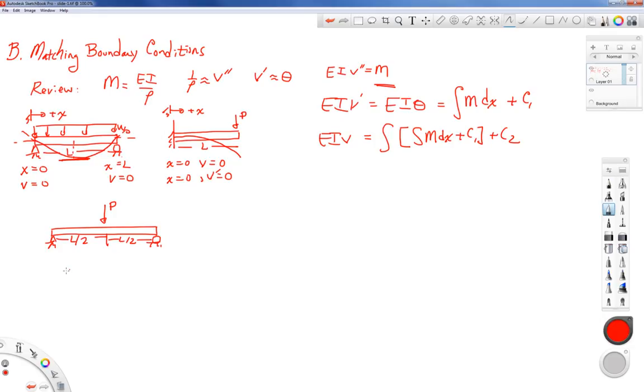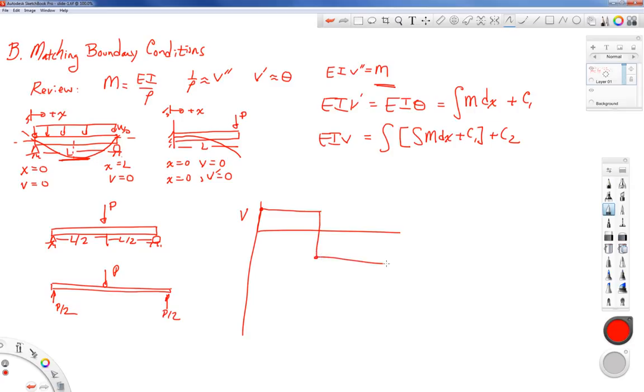If I were to sketch the reactions for this beam, determine those from statics, this would turn out to be P over 2 and P over 2. And my shear force diagram would jump up by P over 2, go constant, jump down by the amount of P, and then come up here.